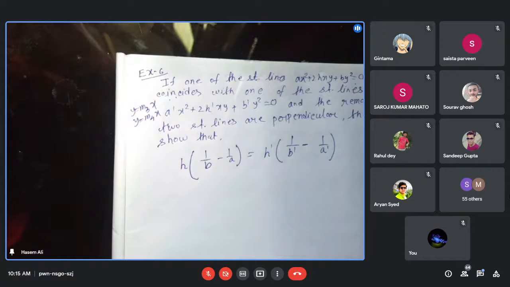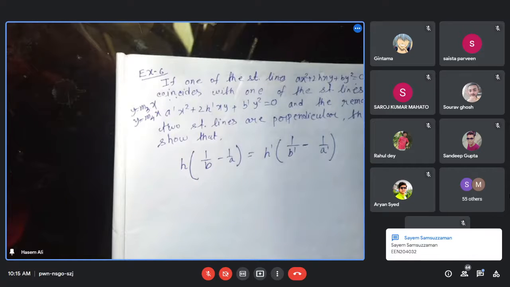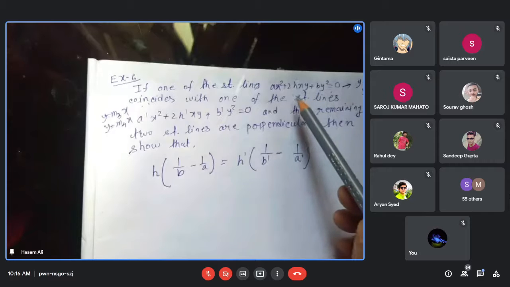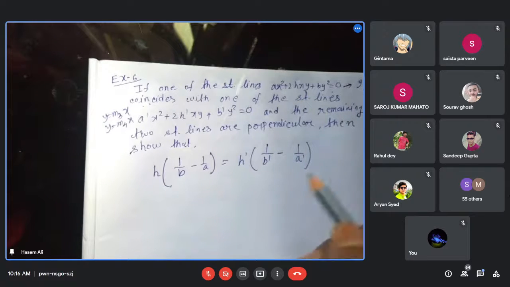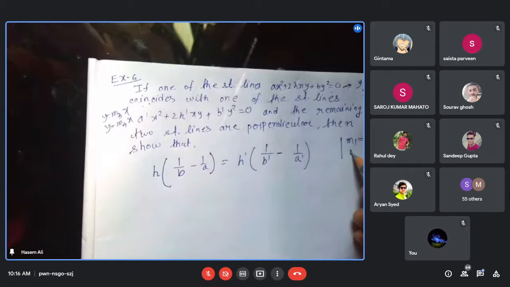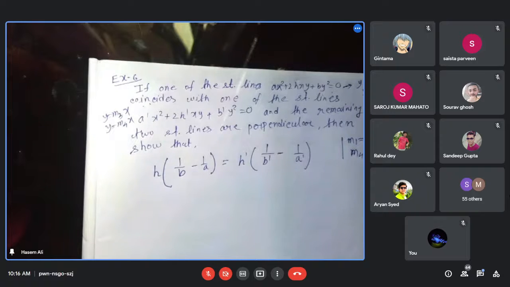And the second condition says that m2 into m4 equals to minus 1. Is it clear? One of the straight lines coincides, that means m1 equals to m3, and m4 equals to minus 1 by m2. Then we will get the result.